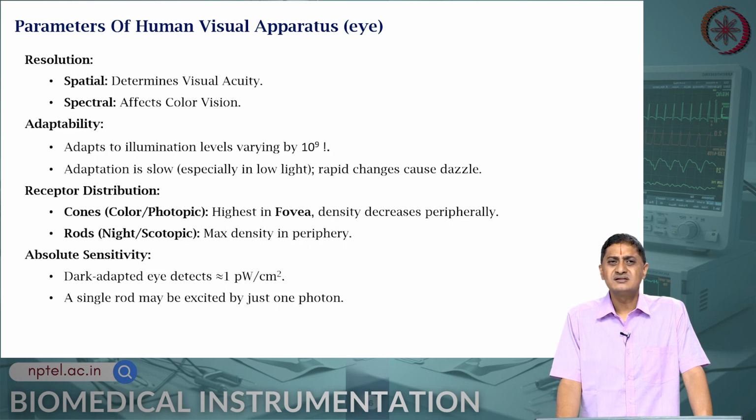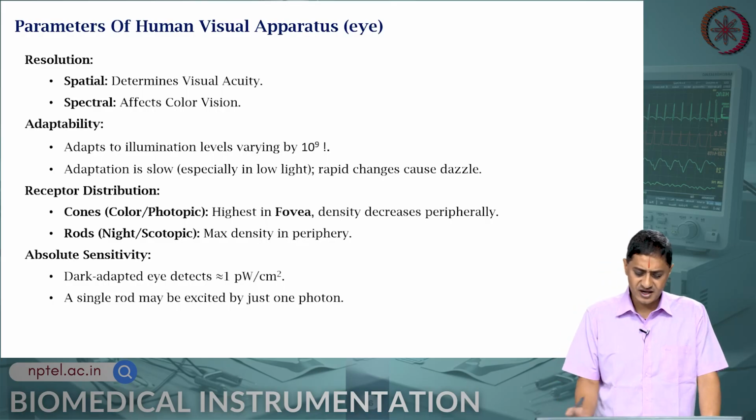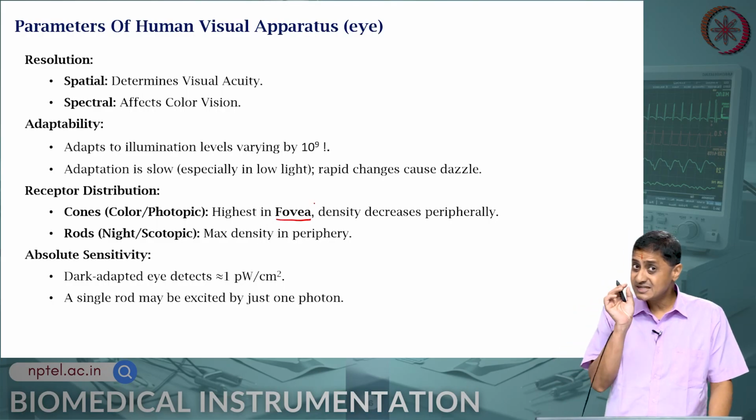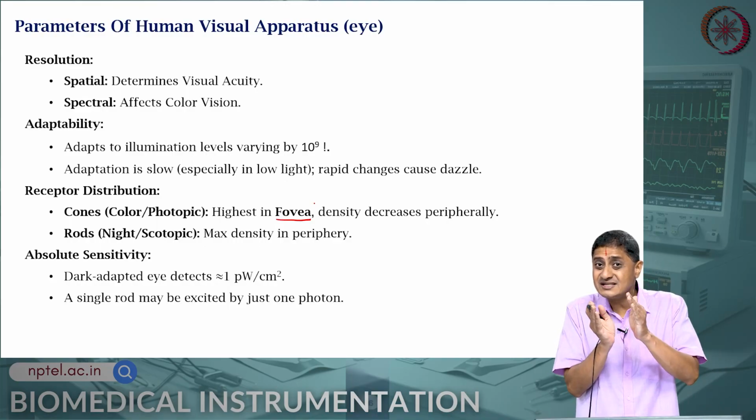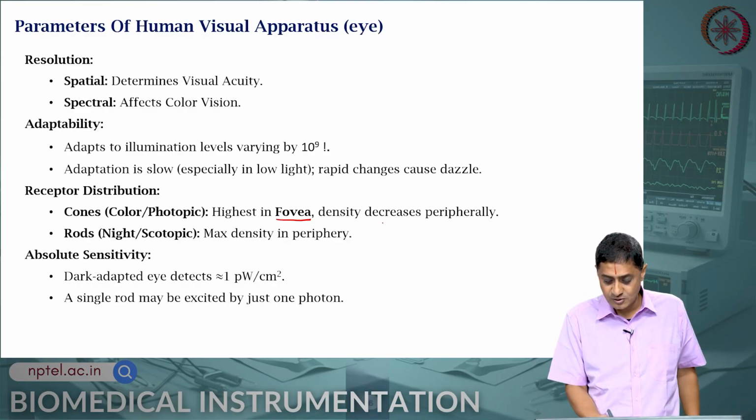Usually, there is also a distribution of the photoreceptors found within the eye. Cones, those that are specialized for photopic or color vision, are found highest in the fovea, and their density decreases as you move peripherally.